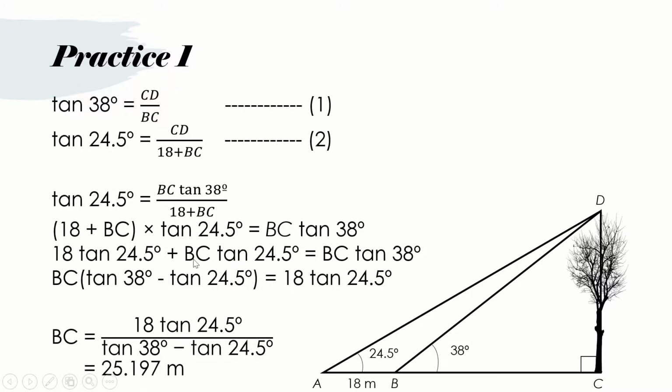You bring the terms with BC to one side, and 18 tangent 24.5 degrees to the other side. So you get BC times tangent 38 degrees minus tangent 24.5 degrees equals 18 tangent 24.5. Then you solve for BC, and BC will be equal to 25.197 meters.